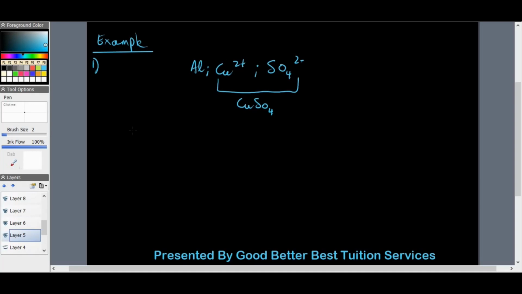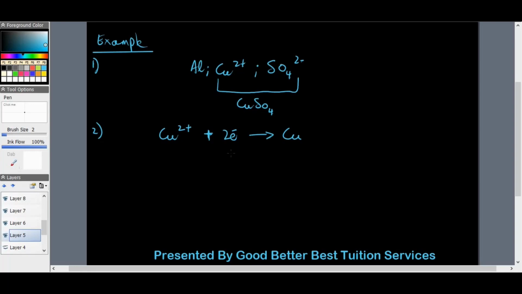Okay, well, aluminium powder was added to the solution, so I know that copper is going to be reduced, Cu2+ plus 2 electrons should go to just copper, okay, because that's going to probably form around in the solution. It's going to break away from SO4, and then aluminium is going to be oxidized.